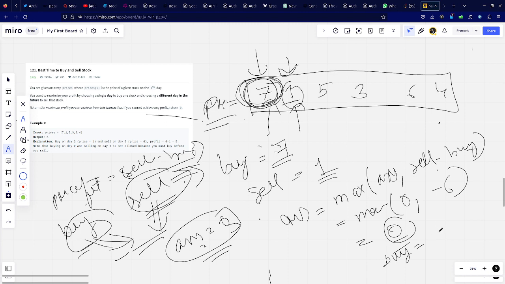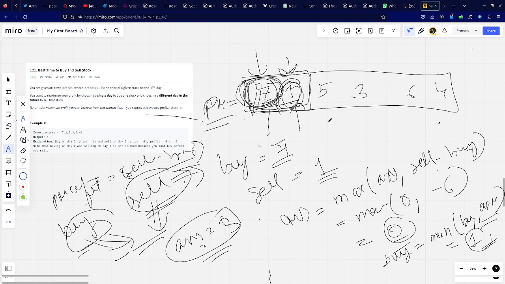So we have to buy at the minimum cost, right? So it will be the minimum of buy comma the current element. The current element is array of i. So here buy will become 1. That means we are now assuming that there are two elements and we are buying at the minimum one.